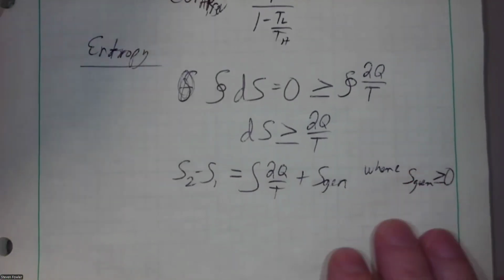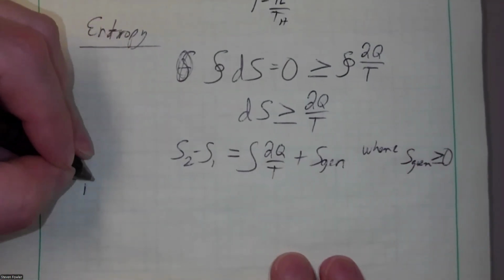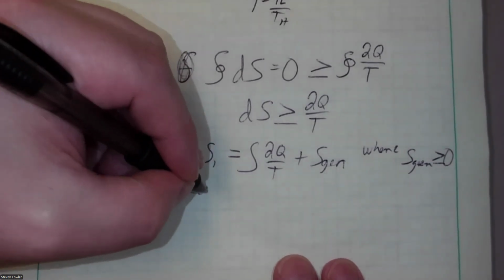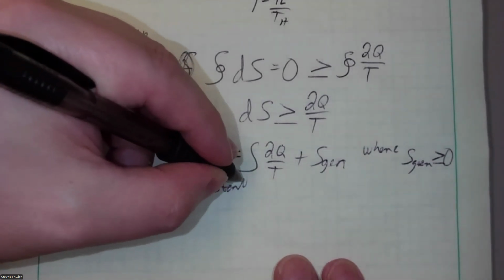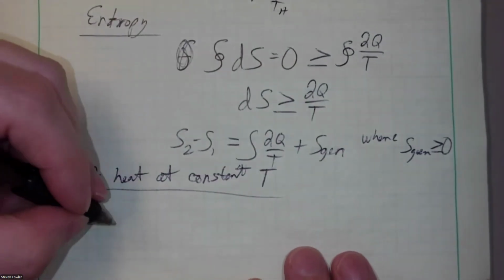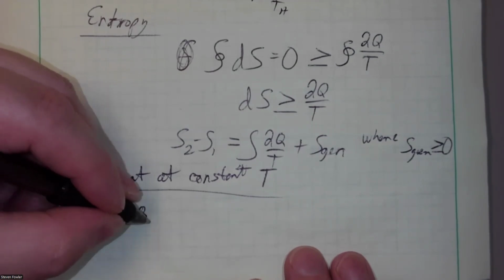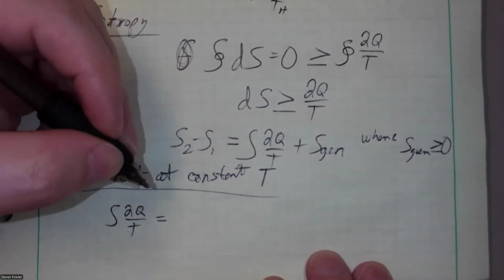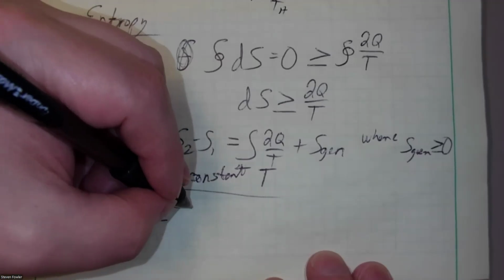Now, what can often happen is if we have heat transfer occurring at a constant temperature, that's the common thing we'll do with this integral. We're not going to do any crazy partial integrals. I promised you guys that, and that's not changing.